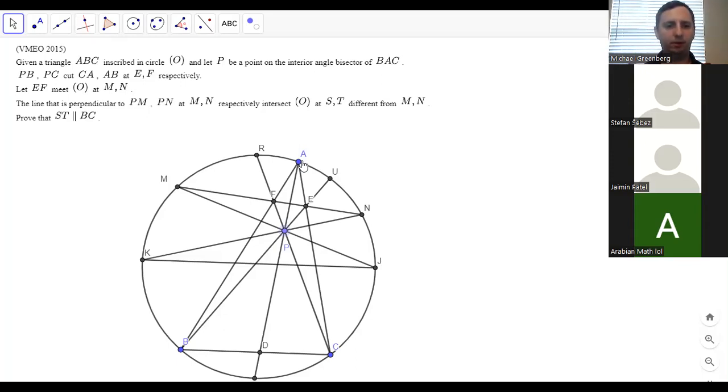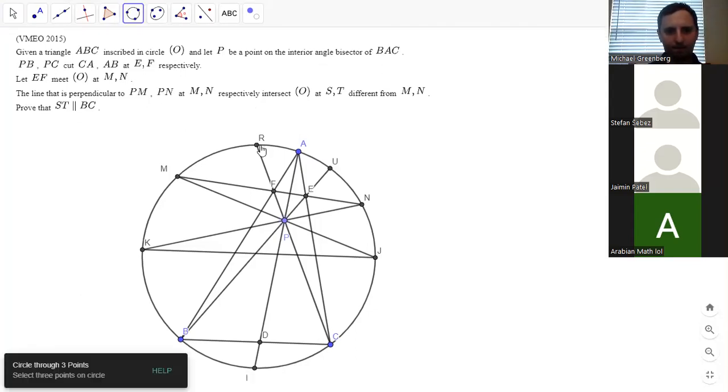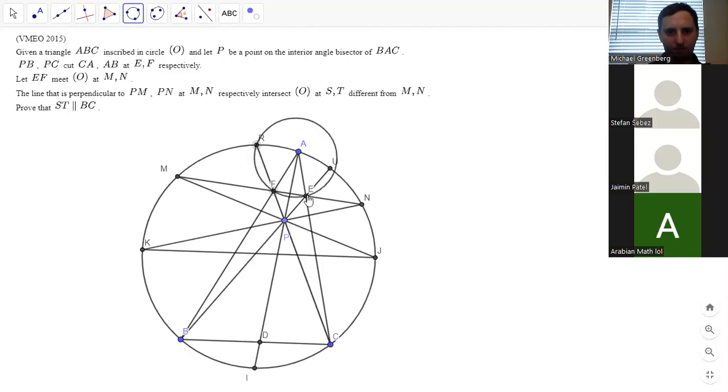So we do a square root of BC inversion at A. So it'd take B to C, C to B, and then P would stay on it. I'm not that good at square root of BC inversion, but if you can figure out a way to make it work, yeah, feel free to put it in the chat. Is RFEU cyclic? No.